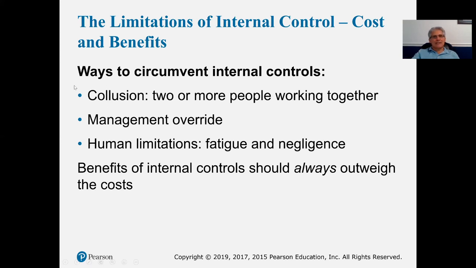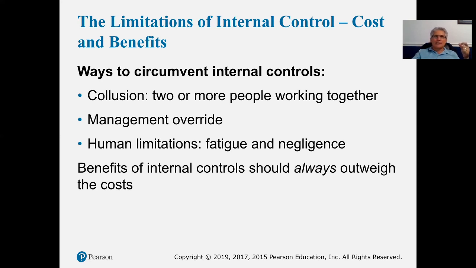And so some examples of ways to circumvent internal controls is collusion. Two or more people working together. So for example, even if we separate responsibilities, let's go back to the purchasing and the receipt department.